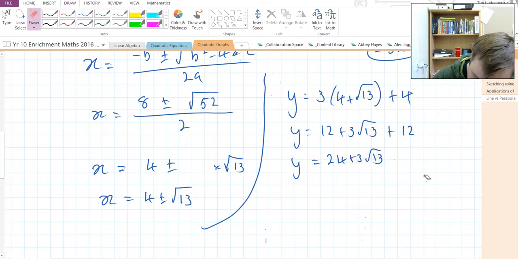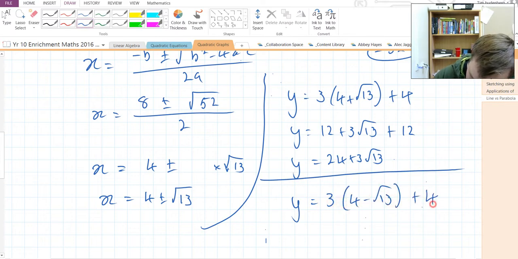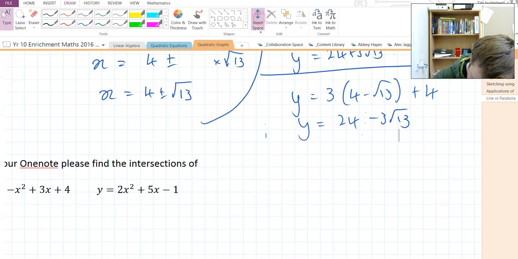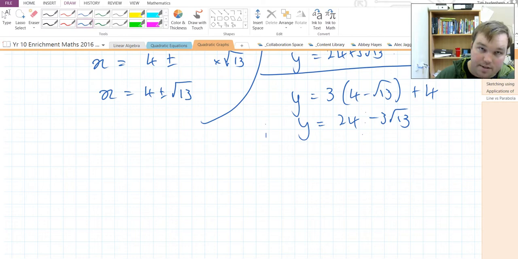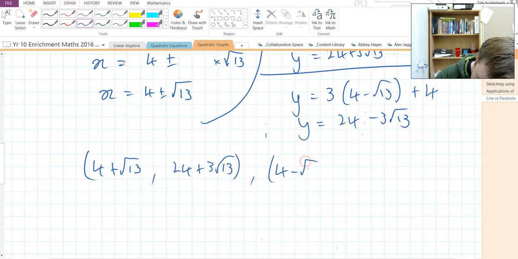Or the other y value would be y is equal to 3 lots of 4 take root 13 plus 4, meaning y is equal to 24 take 3 root 13. Our 2 points of intersection, therefore, are going to be 4 plus root 13, comma, 24 plus 3 root 13, and 4 take root 13, comma, 24 take 3 root 13.